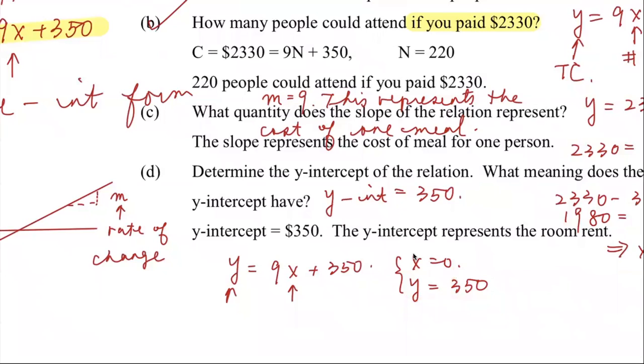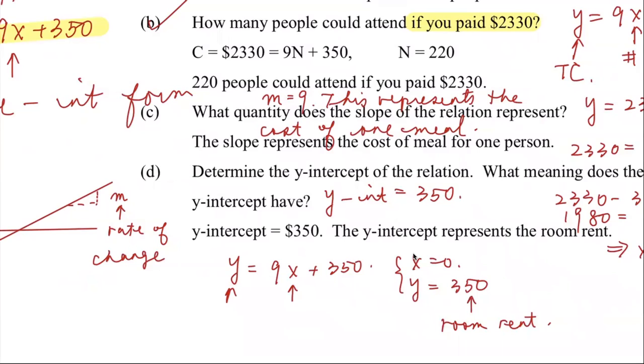What cost could that be? We don't have any guests, but we need to pay $350. The answer should be obvious, right? This $350 must be the room rent. Because as the owner of the banquet facilities, I don't care how many people you invite. I'm letting you rent my facilities for your banquet.